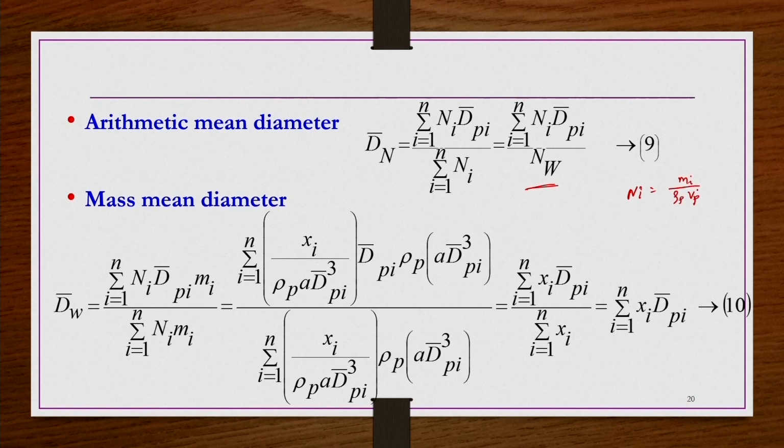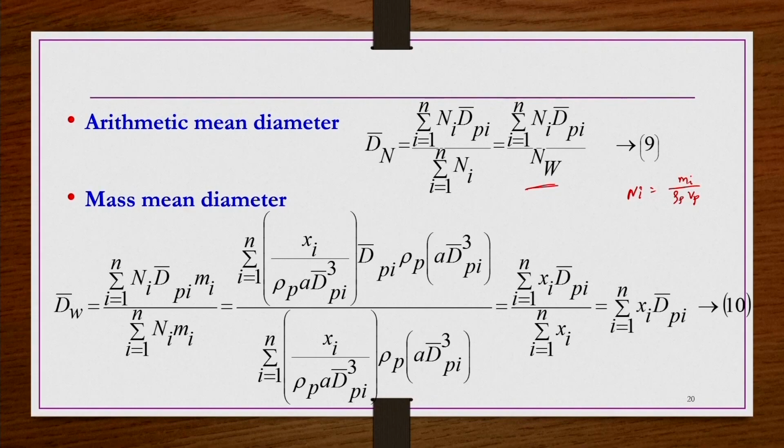Mi by rho p is the volume of all the particles present in that particular ith increment, and Vp is the volume of one single particle taken from that increment. Here we are working per unit mass of the sample, so if you divide by capital M, you get xi by rho p Vp. The average diameter of the particles in that given increment is dpi bar.